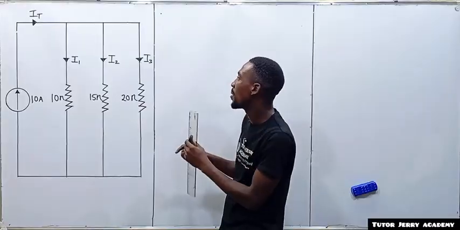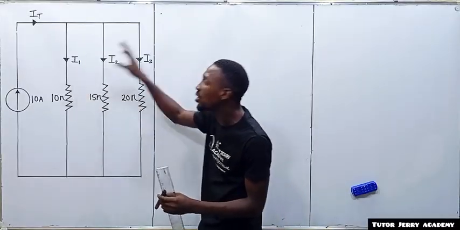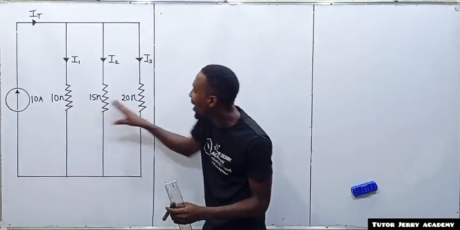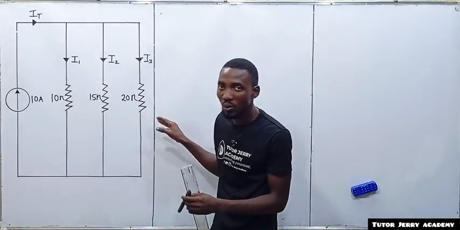So it now means that we can apply the current division rule between this resistor and the equivalent form of these two. Is that clear?